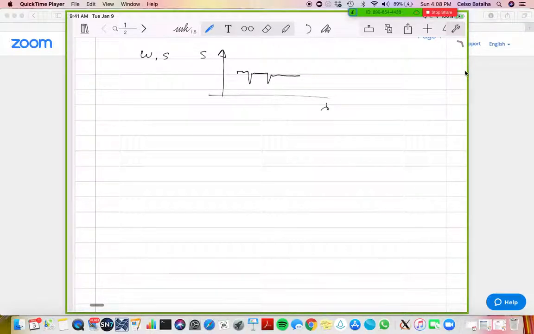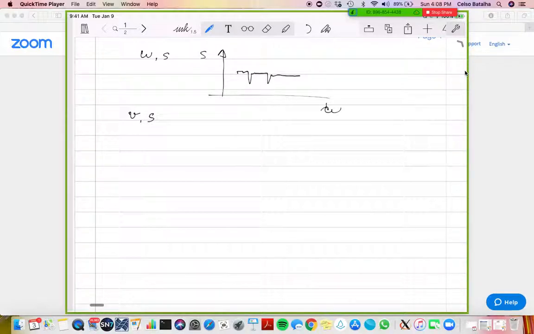So you can also, in fact, this is omega. So we can convert this to a velocity scale so that you can plot V and S, V in velocity scale. Well, what does it mean?